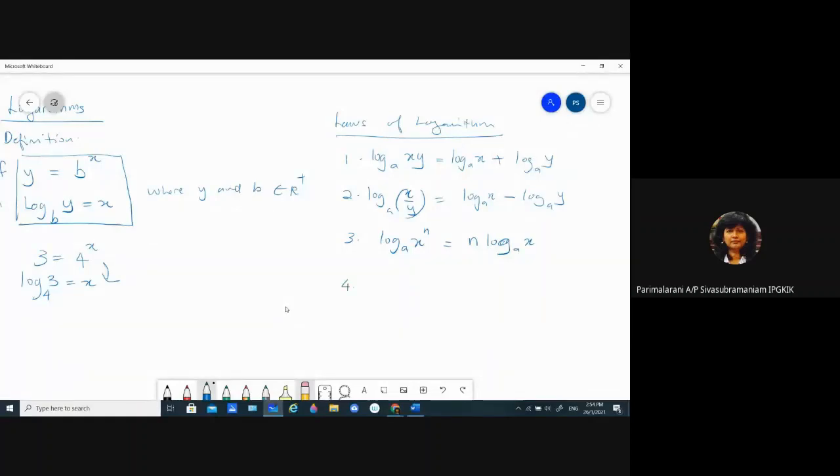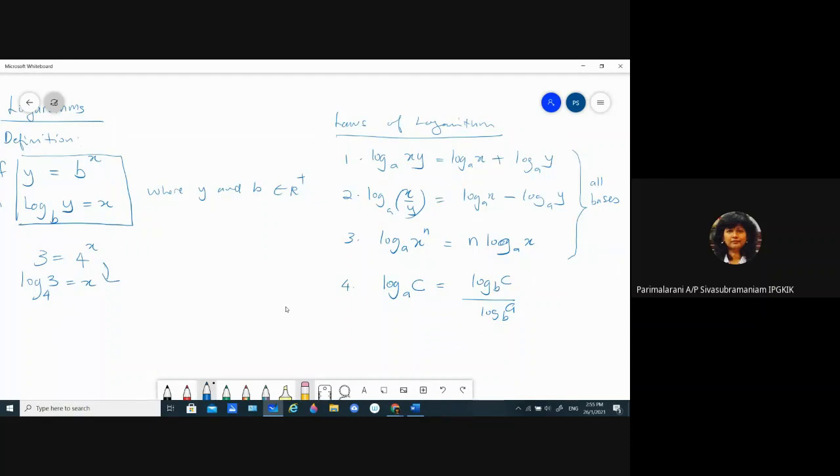And the fourth rule is if we want to change the base: if we have log c base a and we want to change it to base b, then this is equal to log c base b over log a base b. This is if you want to change base. Log formulas 1, 2, 3 are applicable for all bases. So this is all that we have for logarithm, only a few formulas.